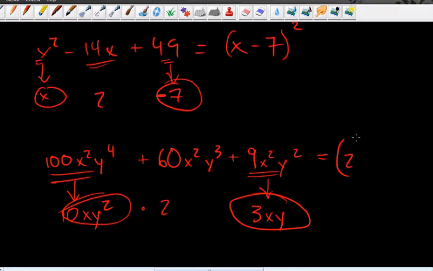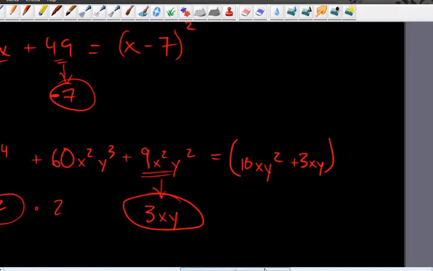So this factors into 10xy squared plus 3xy, squared. Well, remember what I taught you about how to factor, making sure that your factors are fully factored.